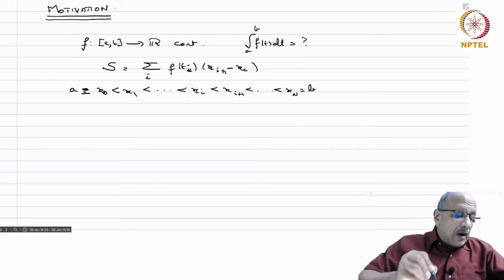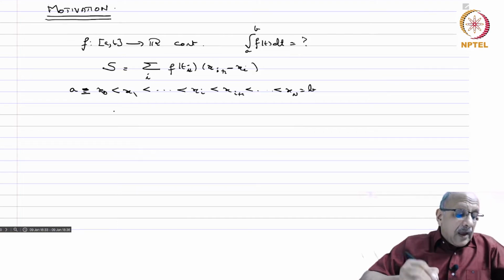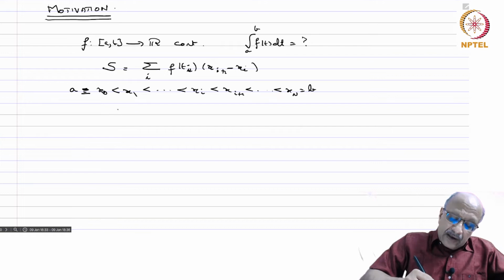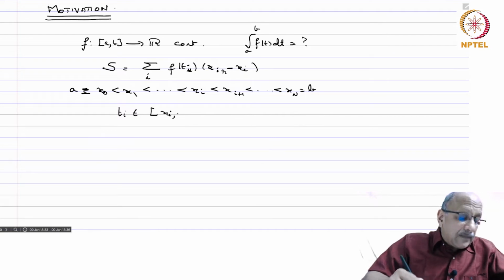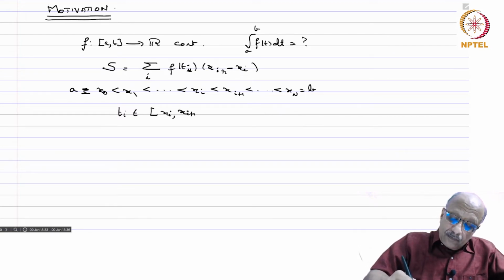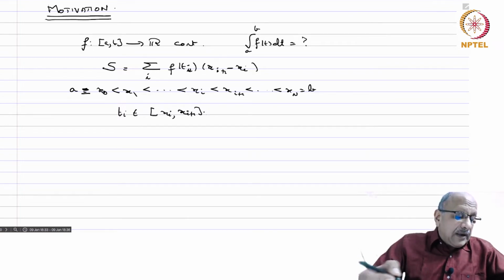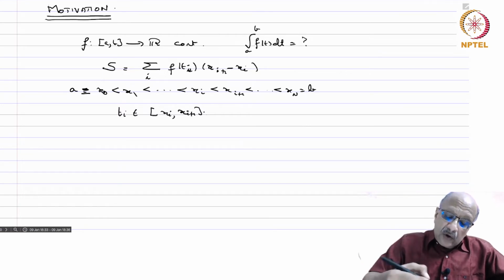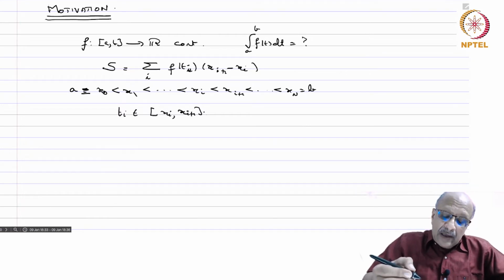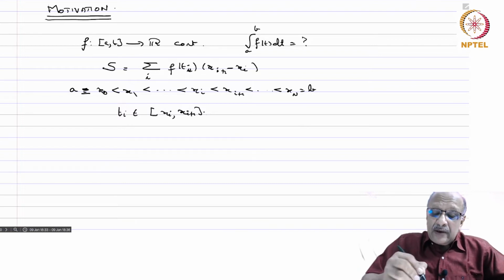This is called a partition. And you have that t_i is a point belonging to the interval [x_i, x_{i+1}]. And then, using a suitable passage to the limit, he defined the integral.